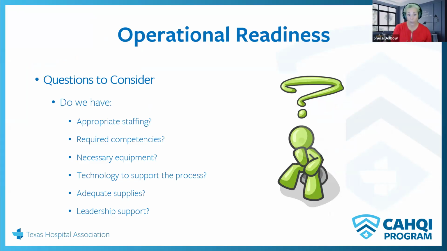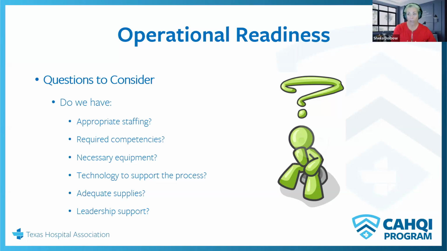When it comes to operational readiness, we have to consider if we even have the appropriate staffing to carry out the policy or procedure that we want to put in place. Have we done the competencies and have we evaluated everybody and tested them by competency to show that they are actually ready to do whatever we're asking them to do?